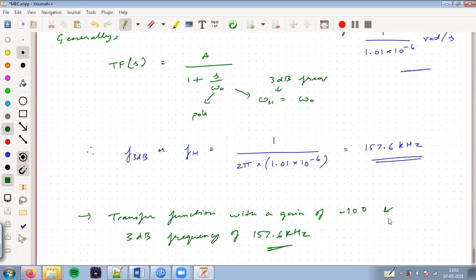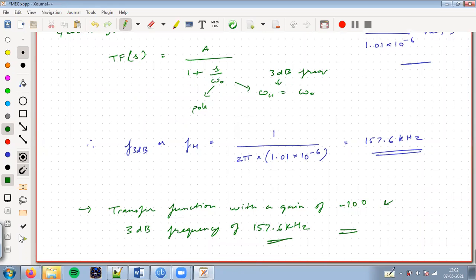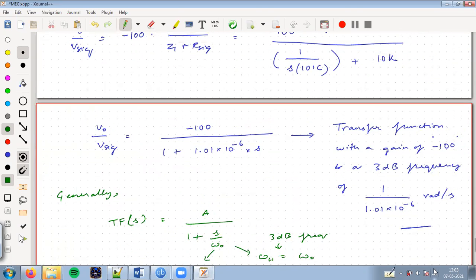This happens only if C is your Miller capacitance. Instead of having a feedback resistor, you have a capacitance. Only if capacitance is present. So it is a transfer function which has a gain of minus 100 and a 3 dB frequency of 157.6 kilohertz. So this is your problem.